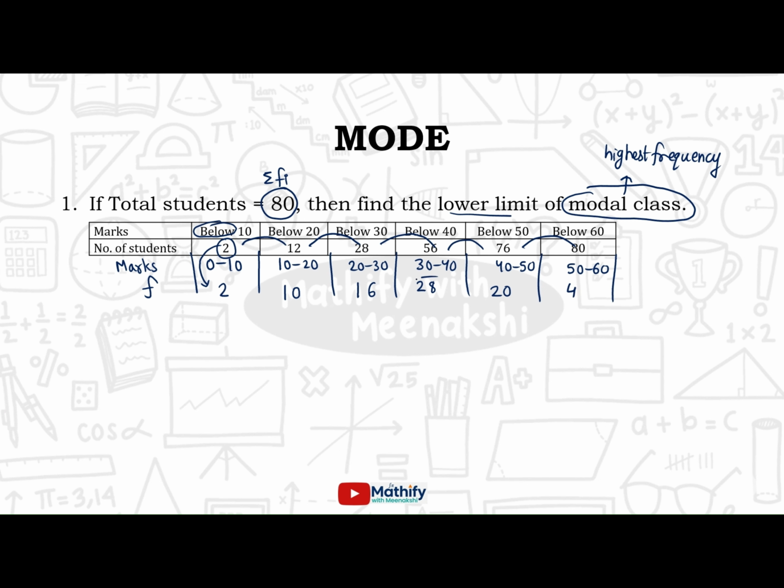Now just see highest frequency. This one is highest frequency. That means your modal class is this one, 30 to 40 is your modal class. Answer. Let's move to next question.